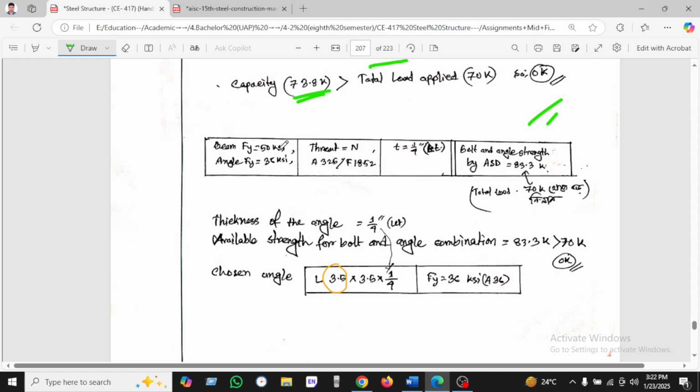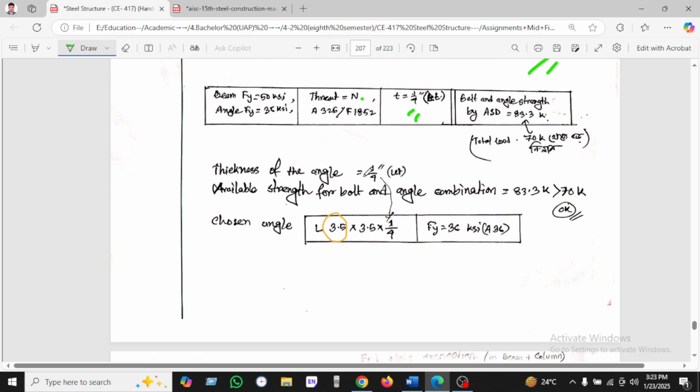So for the beam we have used Fy 50 and for the angle Fy 36, with thickness based on 1 by 4, and bolt angle strength ASD 83.3, which is greater than the total dead load plus live load.